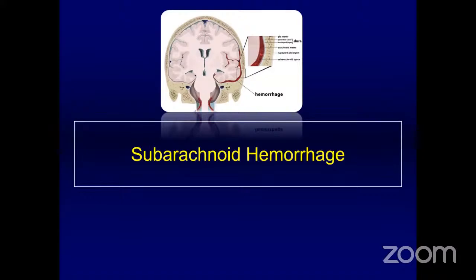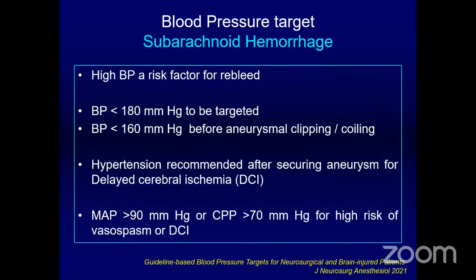Next, the subarachnoid hemorrhage. So we know that in subarachnoid hemorrhage, high blood pressure is a risk factor for rebleed. A blood pressure of less than 180 millimeters of mercury systolic is to be targeted. And where you have planned an aneurysmal clipping or a coiling, the blood pressure should be brought down to 160.